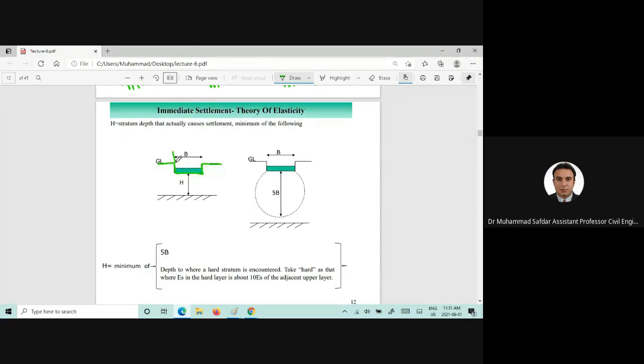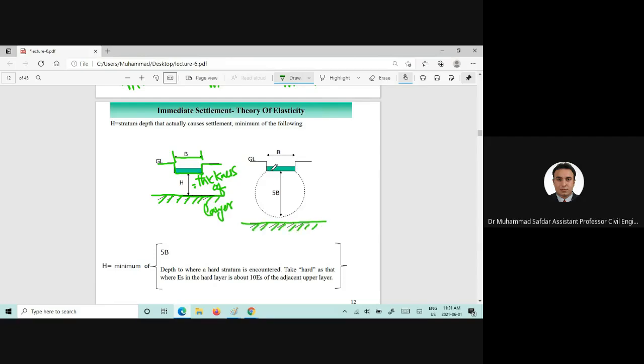This is the width of the foundation, and based upon the depth of the borings, we find out that this is the height or thickness of the layer. Now, what if we don't experience the hard stratum here?